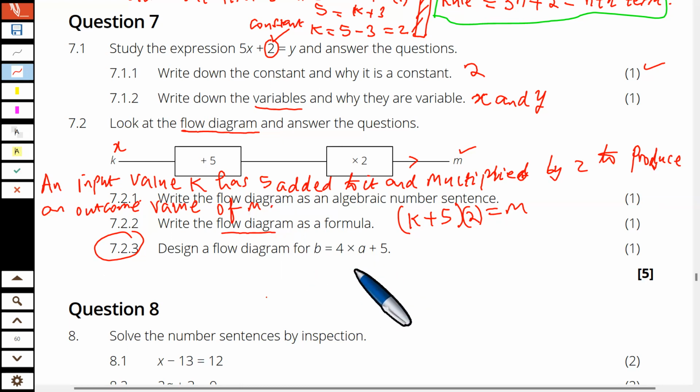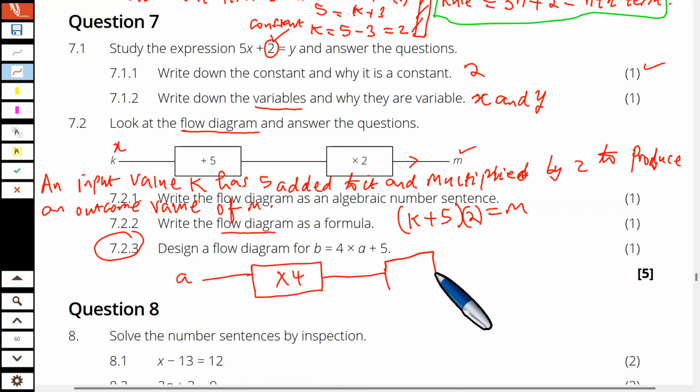Here you start with A. And then you multiply it by 4. You take A, you multiply it by 4. Then you add 5. Then it produces B.